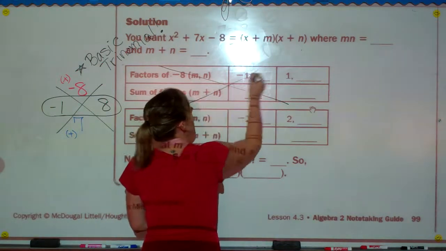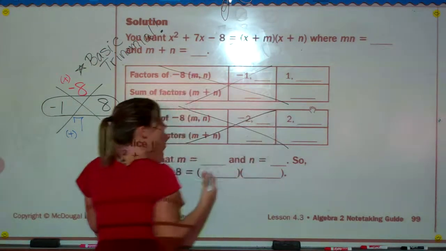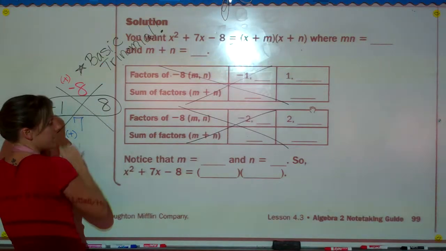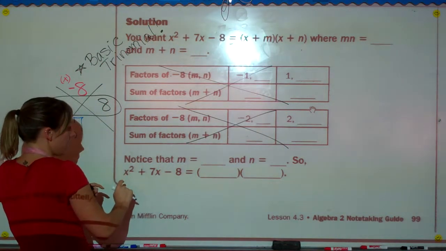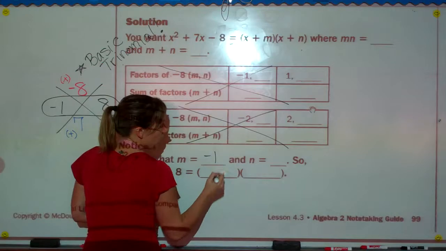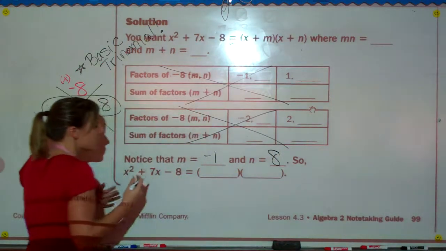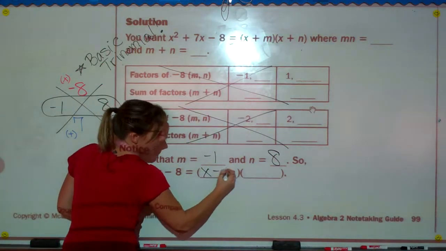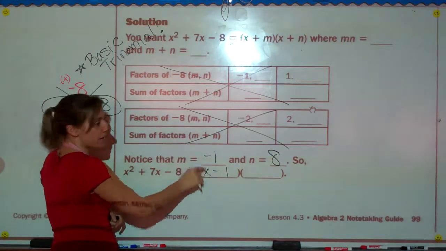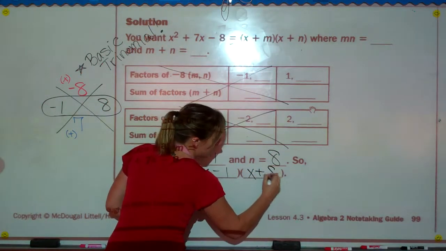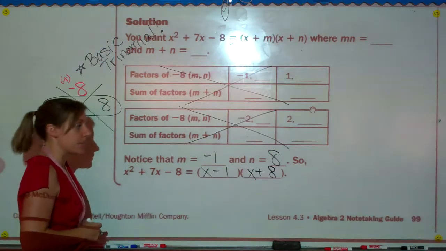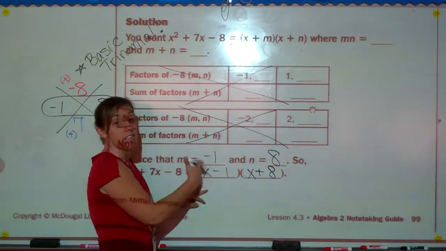I'm not going to. I've actually got my answer straight from this x. So m is -1 and n is 8. So the factors are x minus 1, because that's what the -1 means, and x plus 8, because that's what the +8 means. So this is the factor.